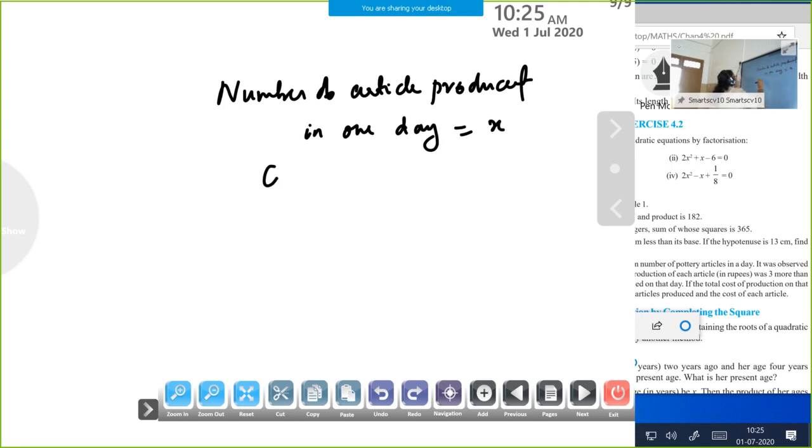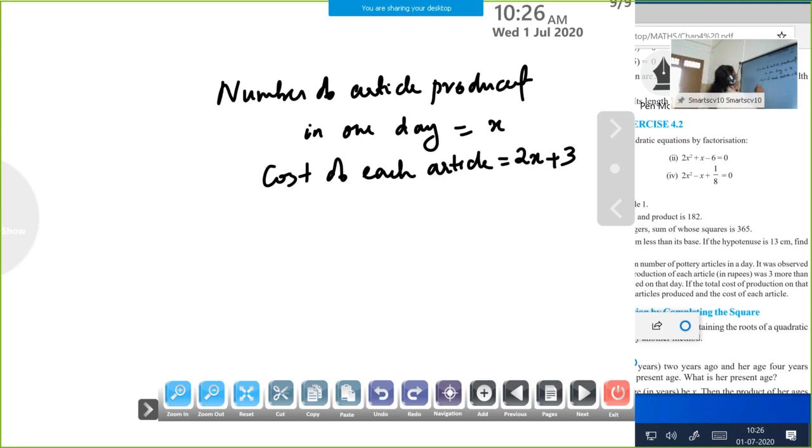Then the cost of each article is 3 more than twice the number of articles, that is 2x plus 3. Clear? Number of articles is x and cost of each article is 2x plus 3.